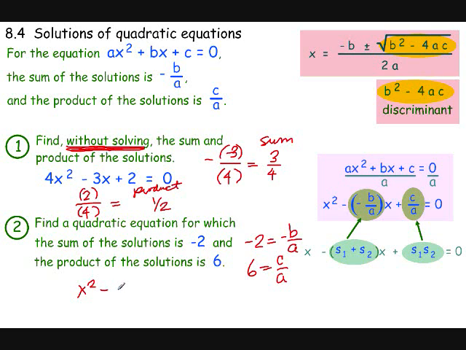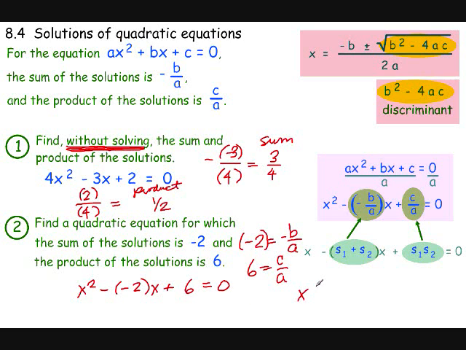So it's going to be minus my negative b over a, which is -2, and the x, I don't want to forget that, plus c over a, which we know is 6. That's equal to 0. I should simplify this.